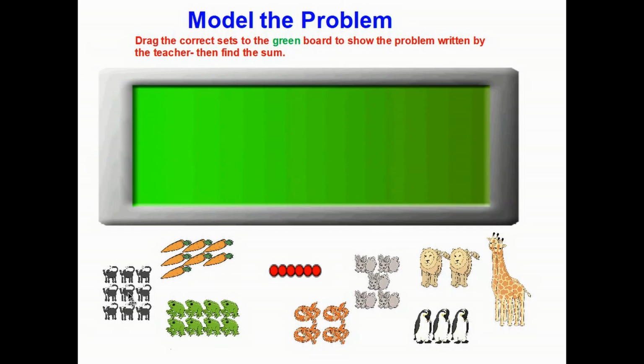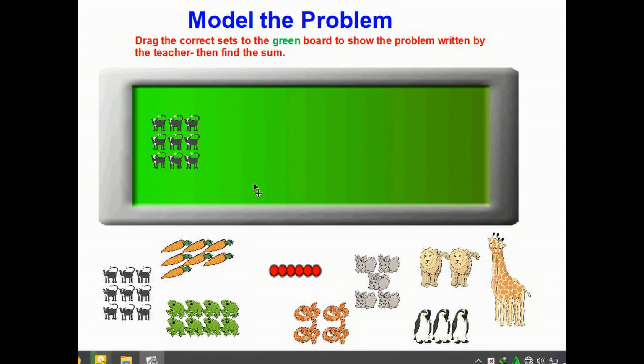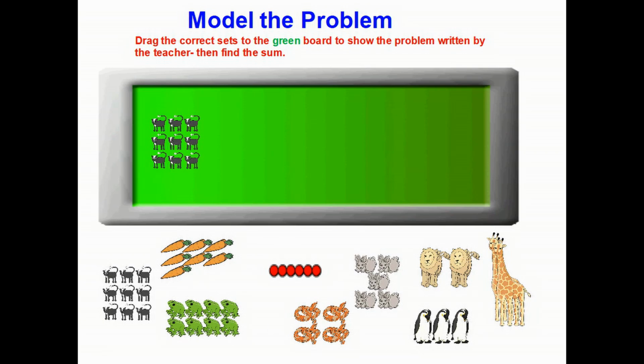Let's say here I have 9 calves, they are animals, plus 5 rabbits.